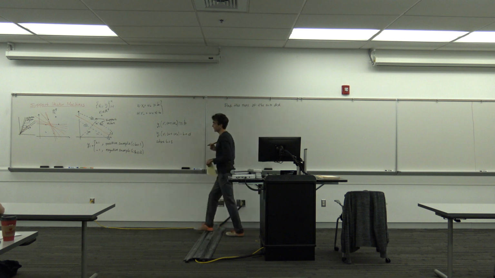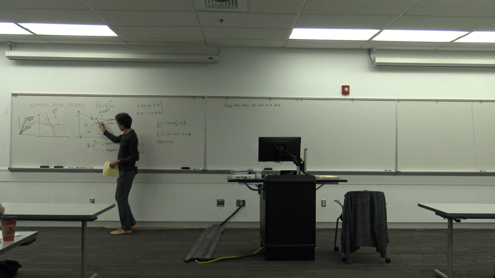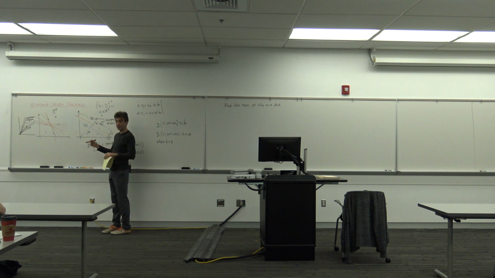What do I mean by this? From the minimum distances that I have here, right? When I select a hyperplane, I can find the minimum distance. That means the closest that these samples are to the hyperplane, right? That's the minimum distance of the samples to the hyperplane. And what do I want? I want to find the maximum of all these possible minimums given by all the possible hyperplanes, right?